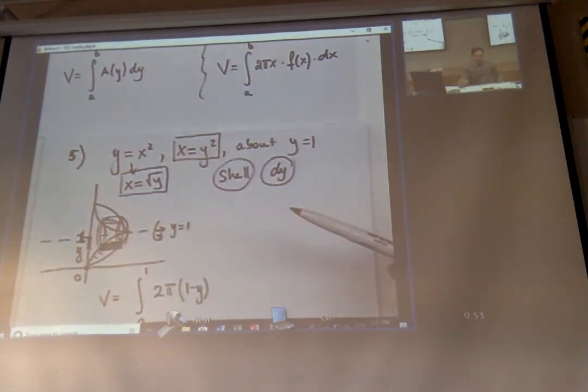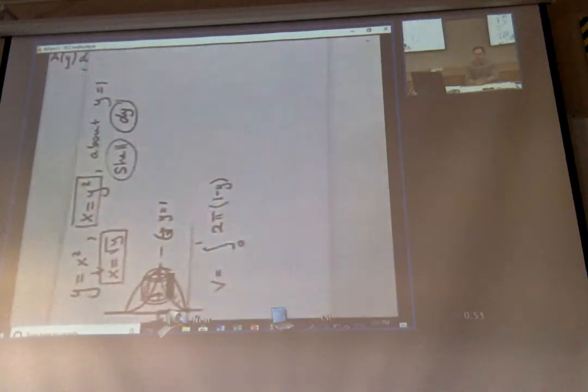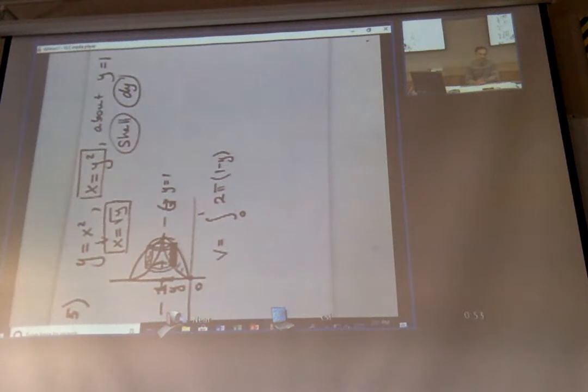That's the radius. The next, if you look back at the formula, it says f of x. But remember, f of x determines the height, right? So the question is, what is the height of this little rectangle? What do you think? Now, what if I rotate it this way? The height of this rectangle means the top minus the bottom, right?